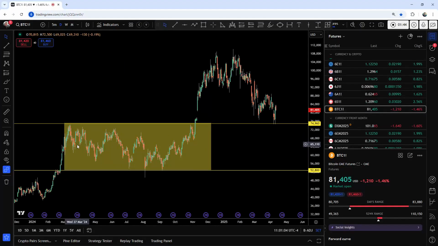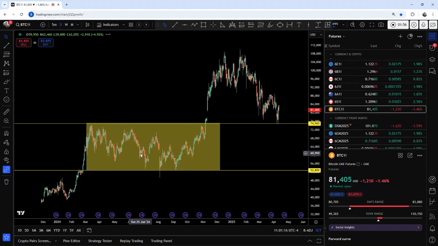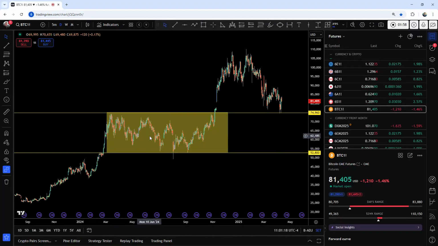And channeling, again, I don't recommend trading it. I guess you could buy here, sell close to the top of the channel, buy here, sell close to the top of the channel, buy here. But for me, it's consolidating and it could do this for a long time, but eventually when it breaks out, there's usually going to be a big move.